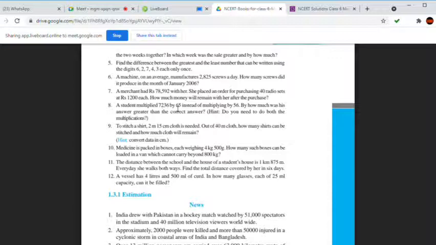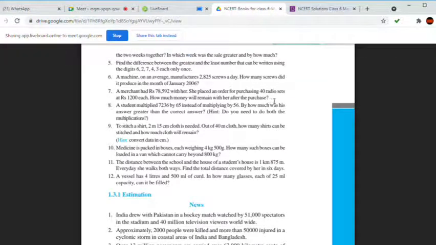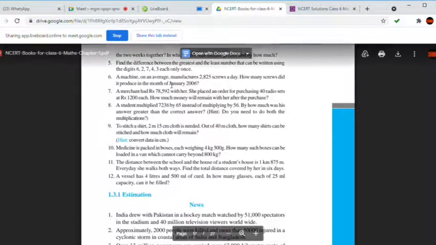A merchant had rupees 78,592 with her. She placed an order for purchasing 40 radio sets at rupees 1,200 each. How much money will remain with her after the purchase? Did you clear the question?